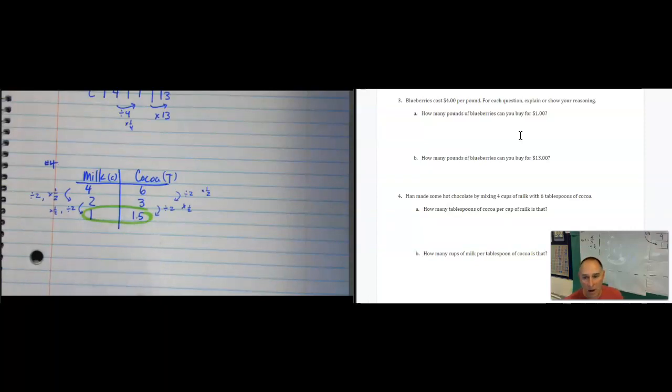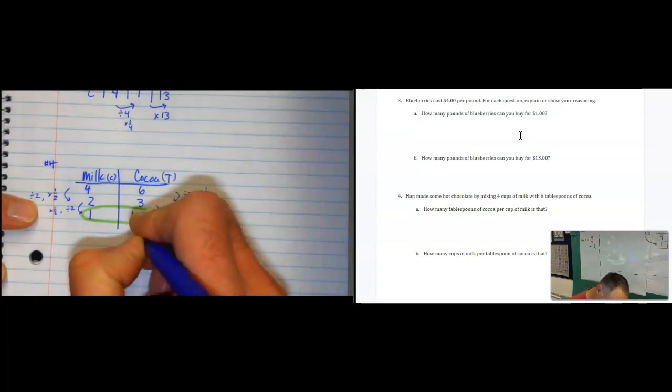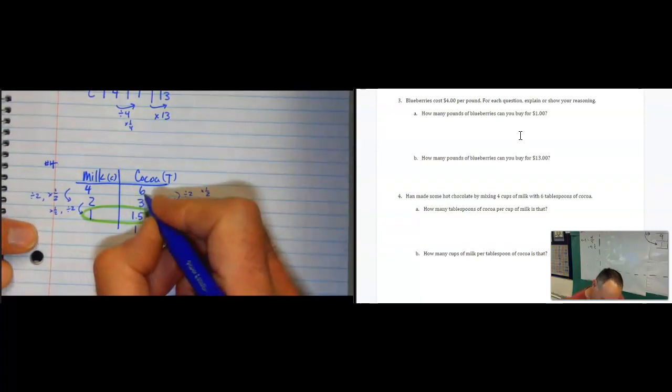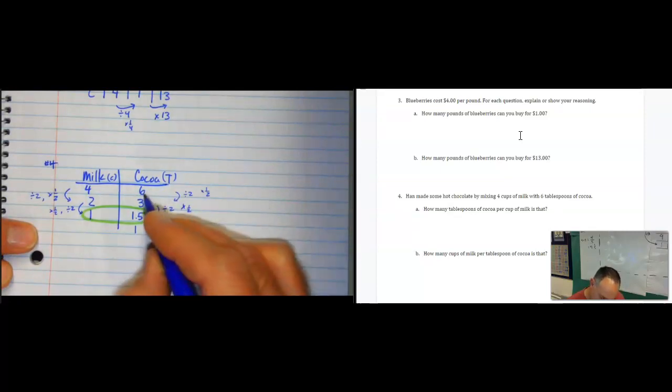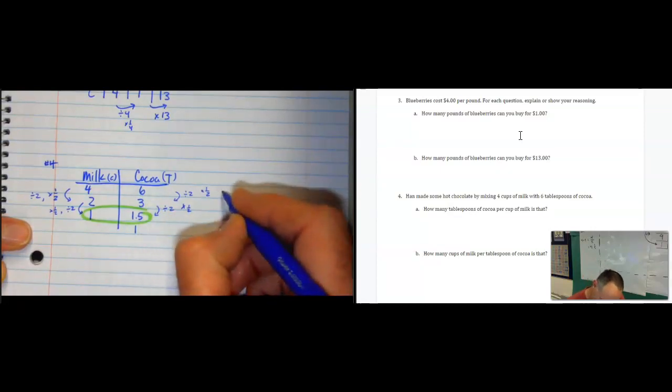So where we're at now is we need to figure out how many cups of milk per tablespoon. Okay? So now what I'm looking for is I'm looking for this number to be a 1. So here's how we can do this. If I have 6 and I'm trying to get this 1 here, I can take 6 divided by 6, right?